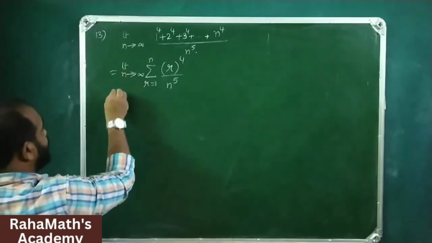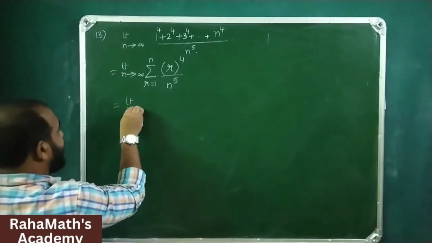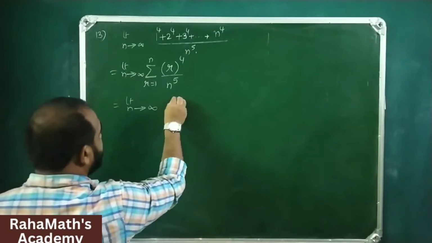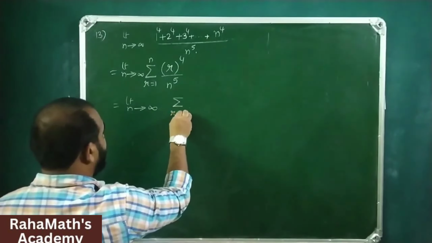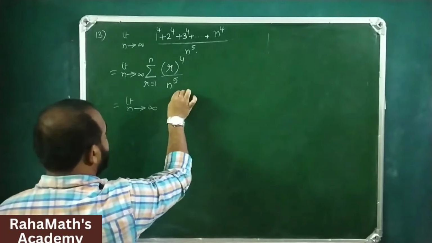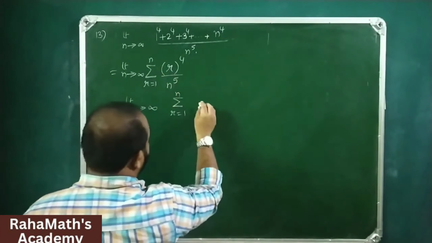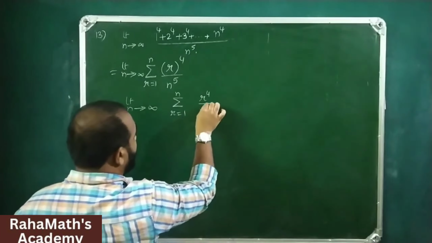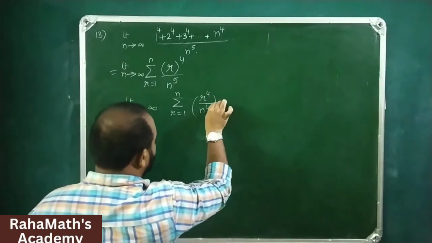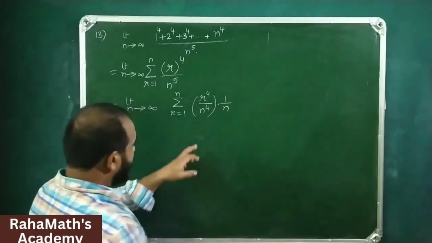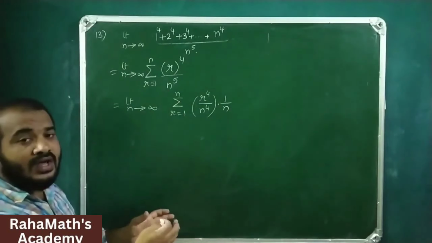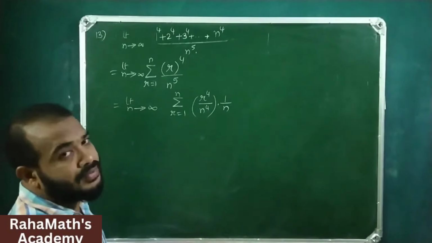This is equal to limit n tends to infinity, sigma r runs from 1 to n. This can be written as r power 4 by n power 4 into 1 by n. N power 4 into n is n power 5, because I want r by n and 1 by n combination.